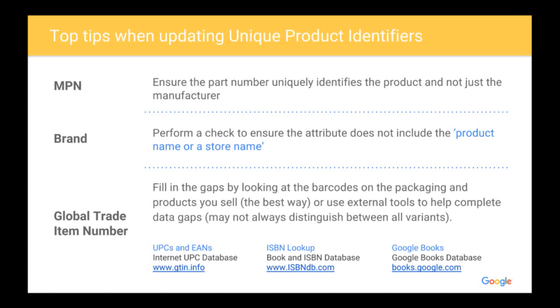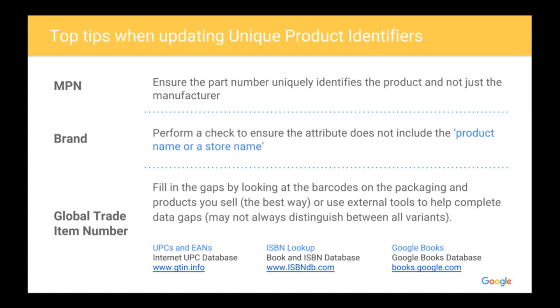Here's a quick tip on each, and common things we see people forget. For MPN, make sure that the part number uniquely identifies the product and not just the manufacturer. For brand, check that the attribute does not include the product name or the store name, but is actually the brand of the product. For the GTIN, fill in the gaps by looking at the barcodes on the packaging of the products you sell, or use external tools to help complete those data gaps.